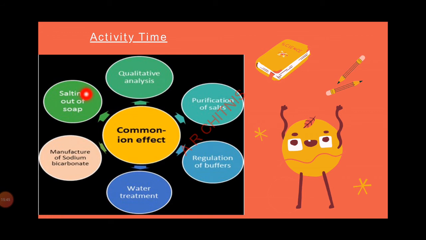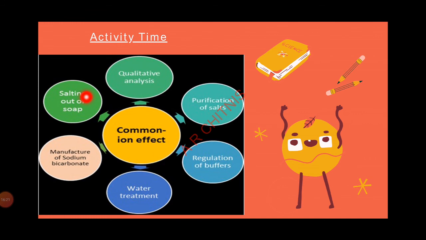Soaps are nothing but the sodium or potassium salts of long chain fatty acids, like sodium stearate, palmitate, etc. KOH and NaOH, when they react with fats and oils, which are the triesters of glycerol and higher fatty acids, as a result of this saponification reaction, glycerol plus soap are produced.